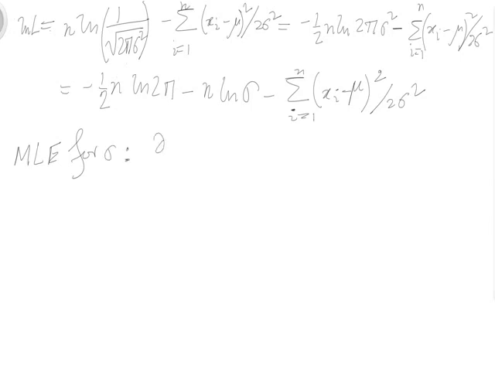Again we take the derivative of the log likelihood function with respect to sigma in order to find the maximum likelihood estimator for sigma and set it to 0, because at any critical point the derivative of the cost function should be 0.